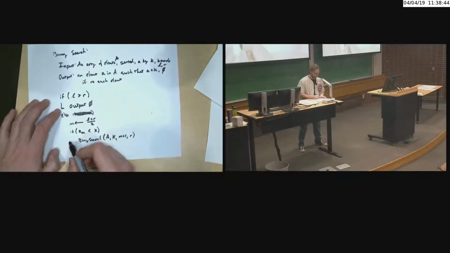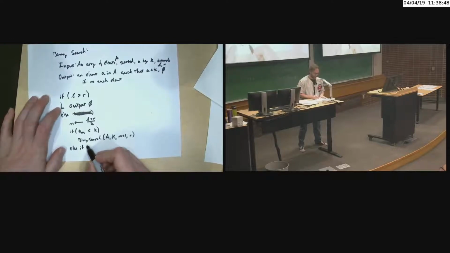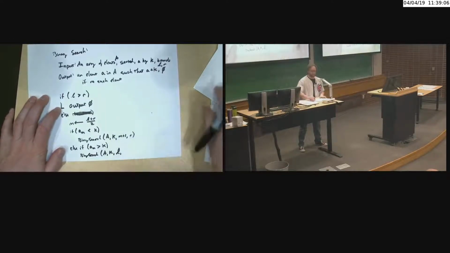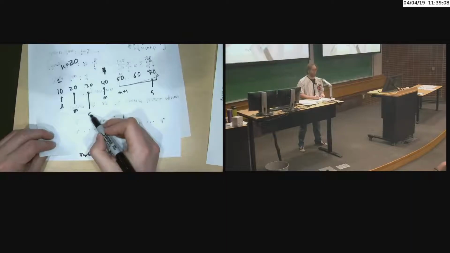Else, and I'll go ahead and be explicit about it here, else if a sub m is greater than k, then that means that we need to recurse on the left side of the list, so binary search on a, k, and now my L doesn't change, but my R does change. What does it change to?